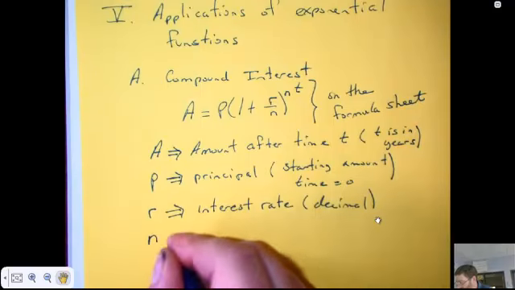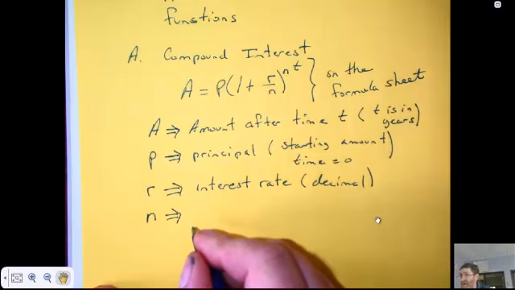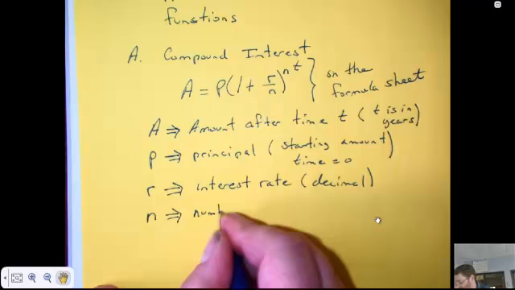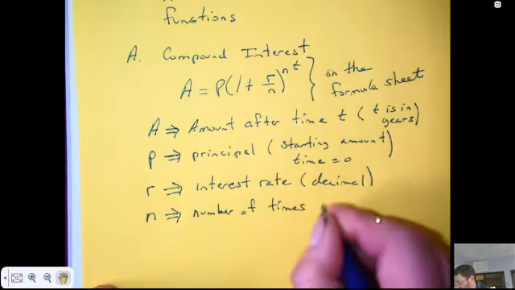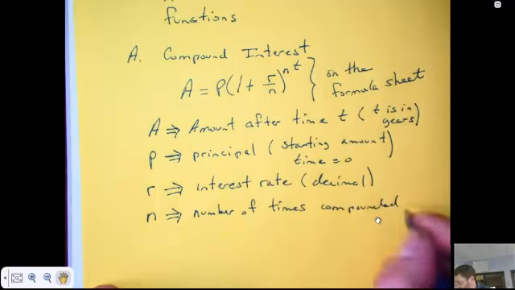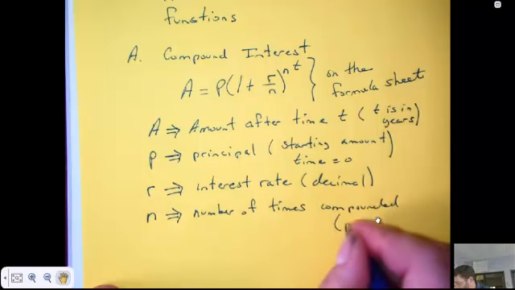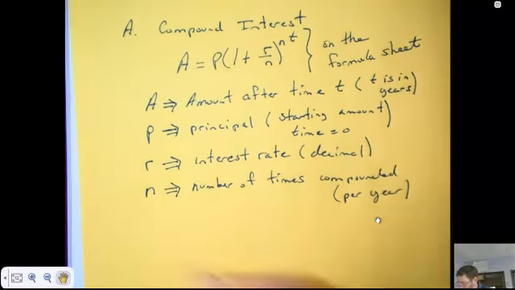The n stands for the number of times compounded per year.